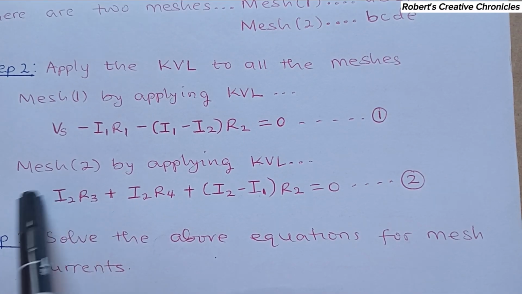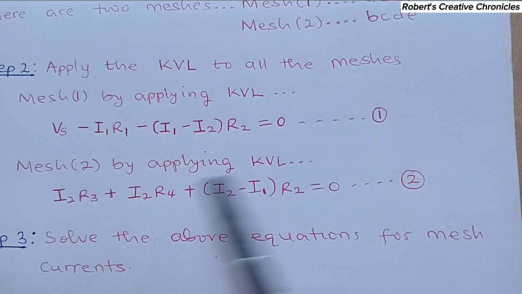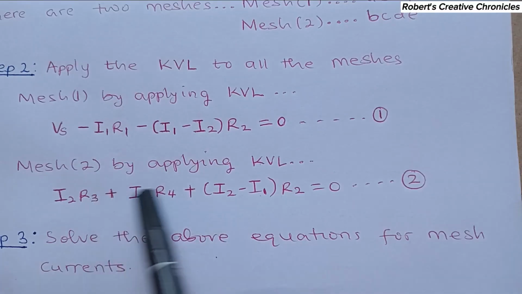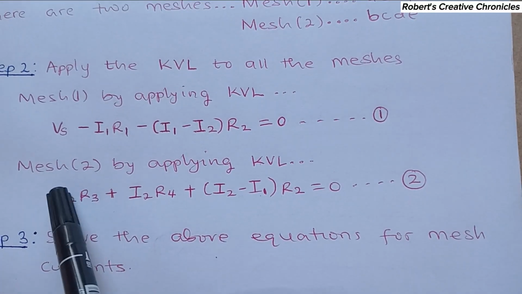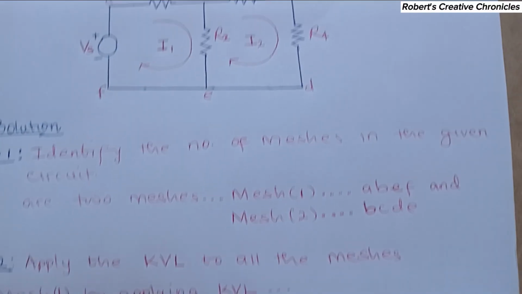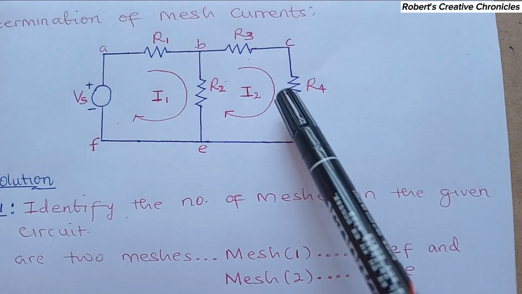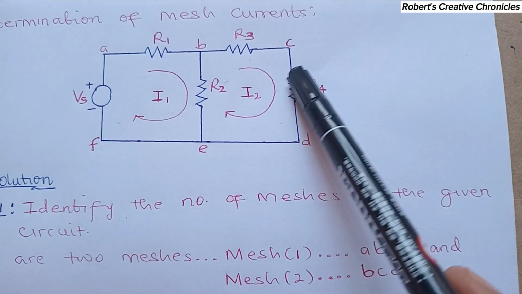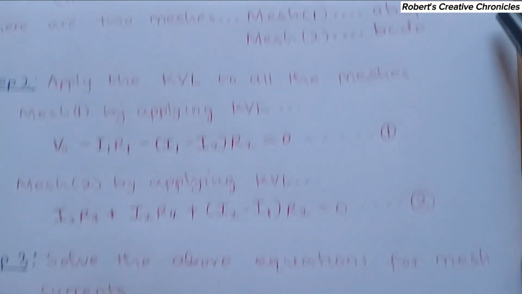There was negative here, but since everything was negative, we just multiplied by negative to give everything positive. That's how we got all positive. But here there will be negative initially, then I2R4.